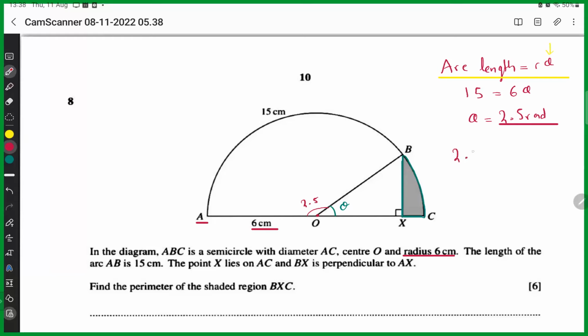I know that 2.5 plus theta would give me pi radians. So theta would be equal to pi minus 2.5, and you are going to get 0.641 or 0.642, basically 0.642 radians. So this theta has turned out to be 0.642 radians.